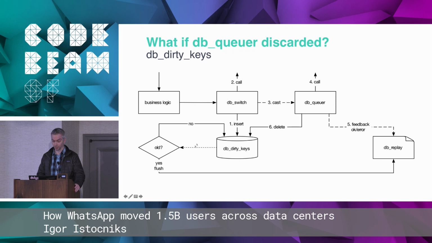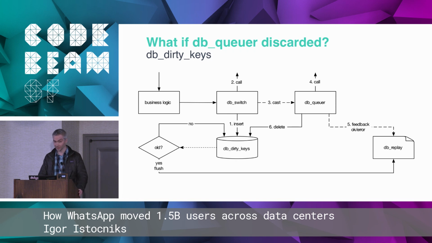Inside DB dirty keys, we had a loop that checked how old the keys in the table were. If a key is too old, maybe 5 minutes or so, then probably something is wrong with it. Probably we discarded or lost track of it. Let's flush this key to the DB replay loop, and it will be repaired automatically.